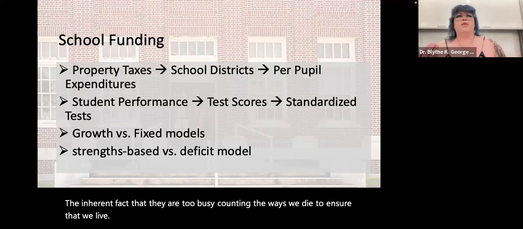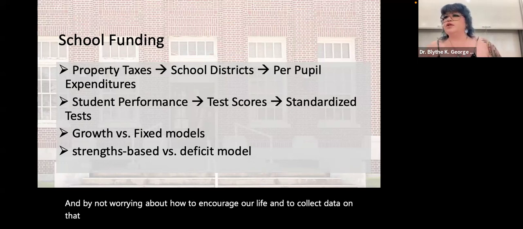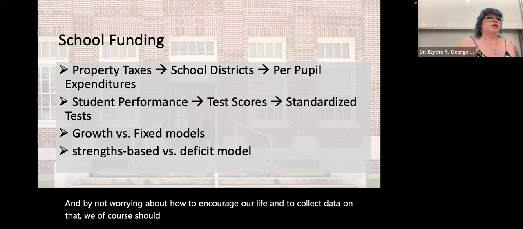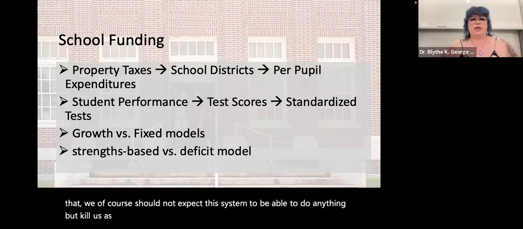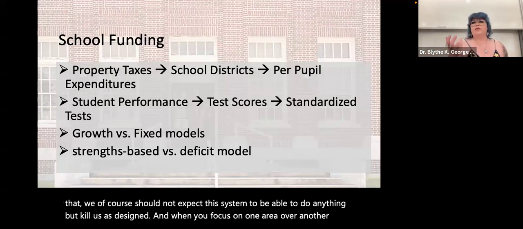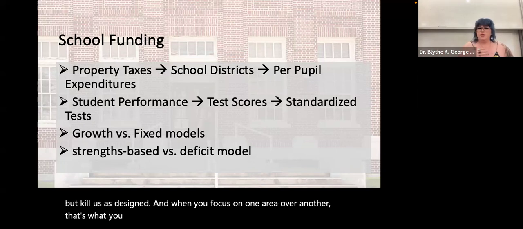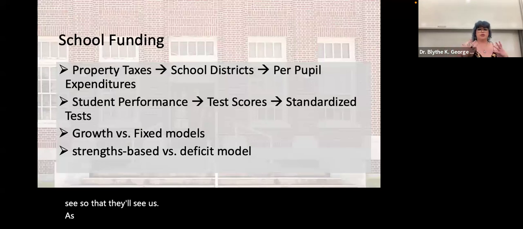And by not worrying about how to encourage our life and to collect data on that, we, of course, should not expect this system to be able to do anything but kill us as designed. And when you focus on one area over another, that's what you see. And so hopefully in my work, I can change what they see so that they'll see us as something worth living and keeping as such.